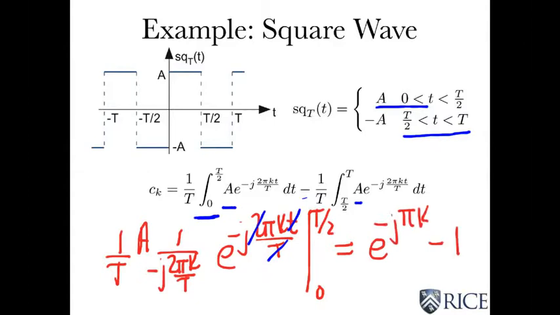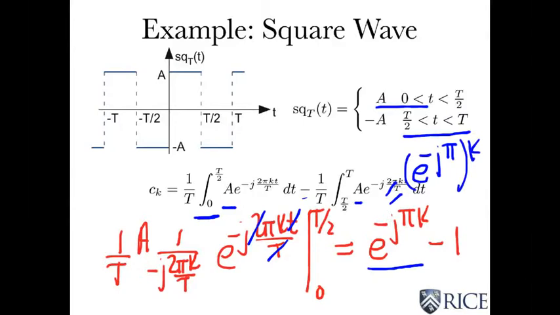What is e to the j pi k? What is that equal to? It's equal to something very simple. In particular, I would point out that that's e to the minus j pi, all to the k.